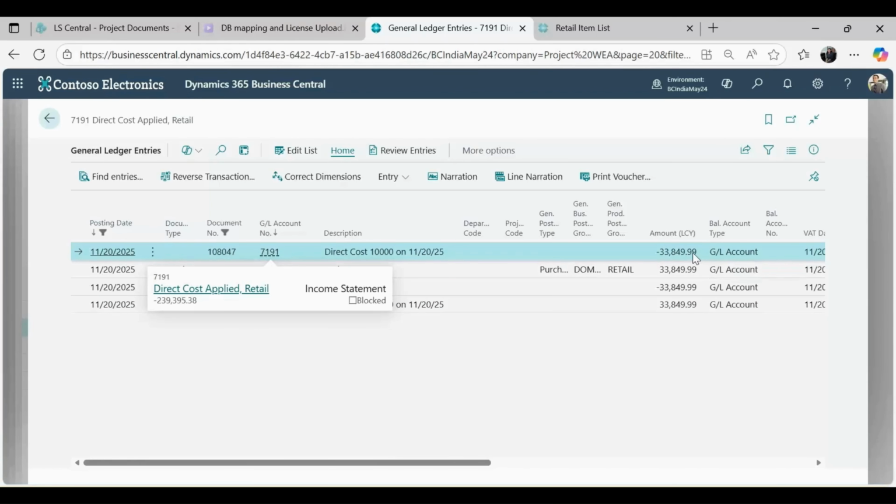This second entry is how BC moves the cost out of purchases and correctly loads the cost into the inventory account. The direct cost applied account is used as the clearing or balancing account. The second entry ensures that the purchases do not sit as expenses in the P&L and they get properly shifted to inventory on the balance sheet.